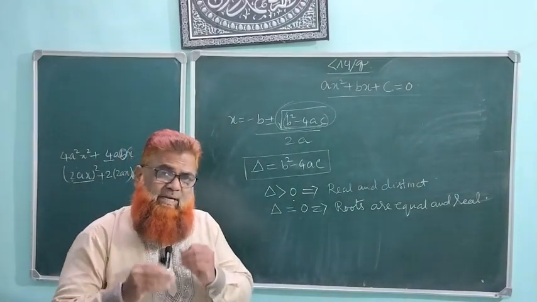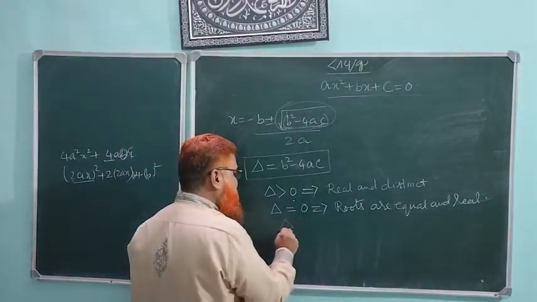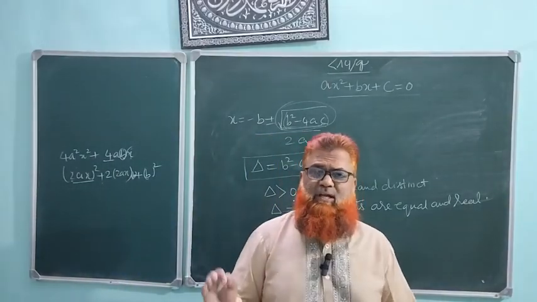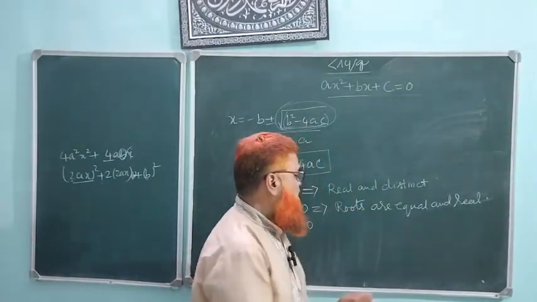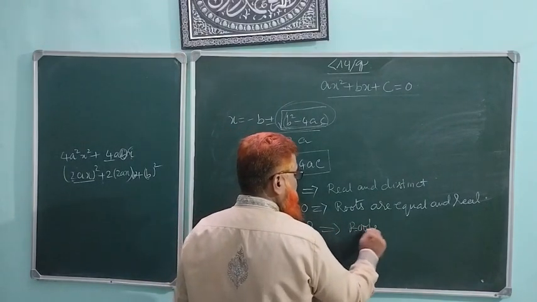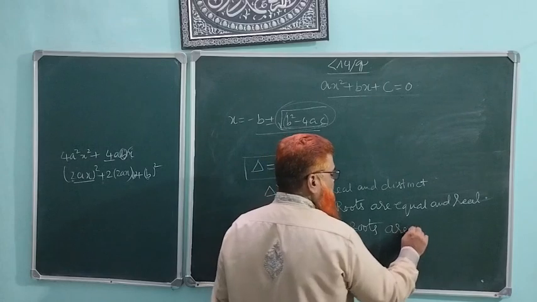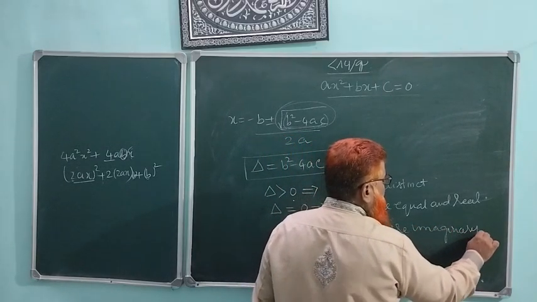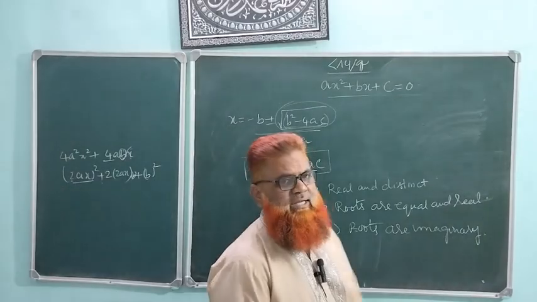Similarly, if the delta is less than 0, means it is negative, we say that the roots are imaginary. These are the three forms and the nature of the roots.